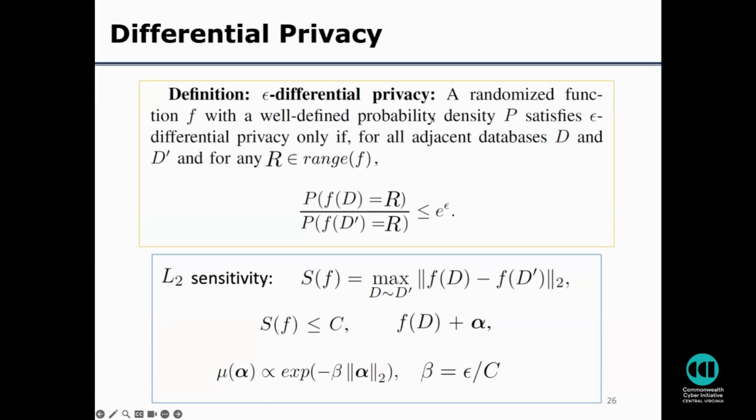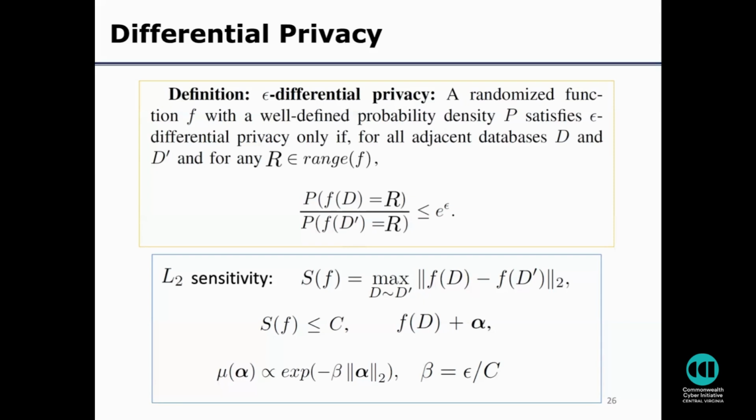Given any two data sets D and D prime that differ in one element, a query function f is said to be epsilon differential private if the probability that f produces a response R on D is close to the probability that f produces the same response on D prime, within a factor of e to the epsilon. Then we say it is epsilon differential private.